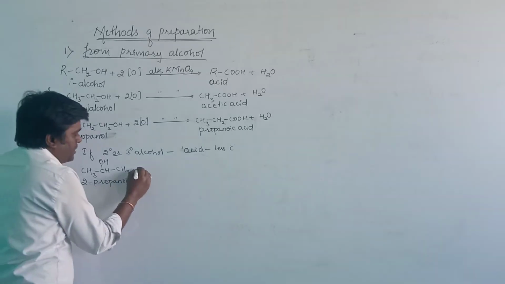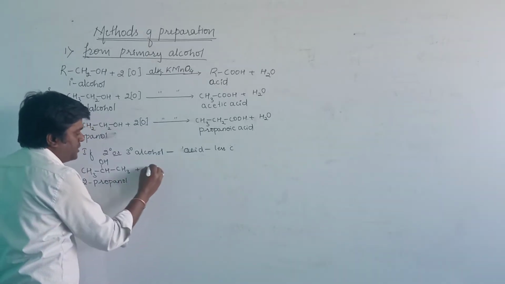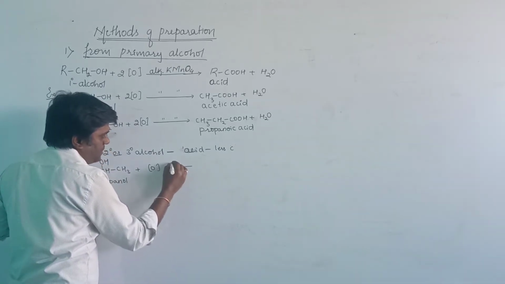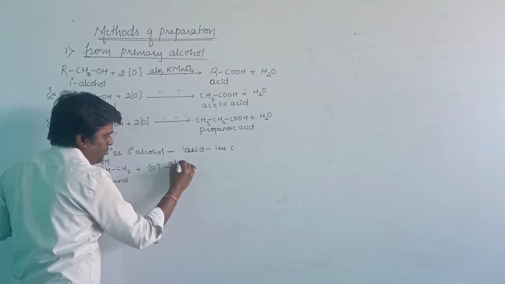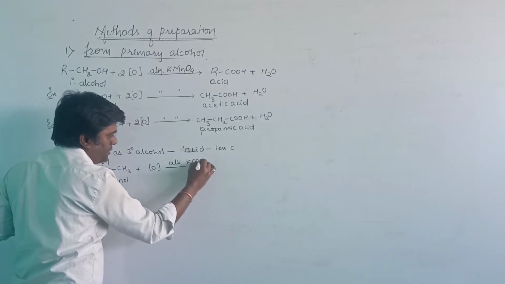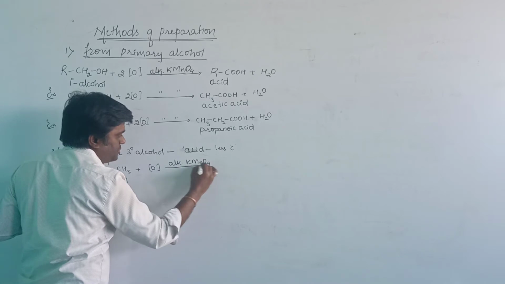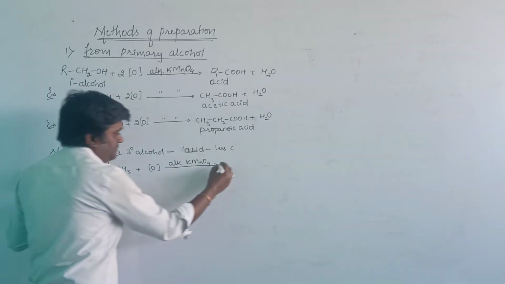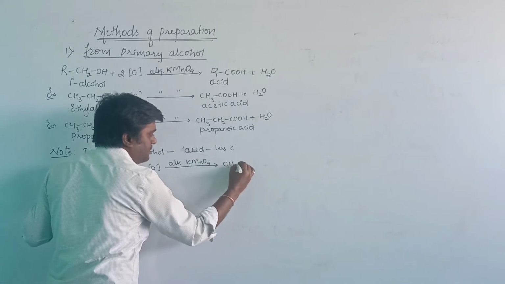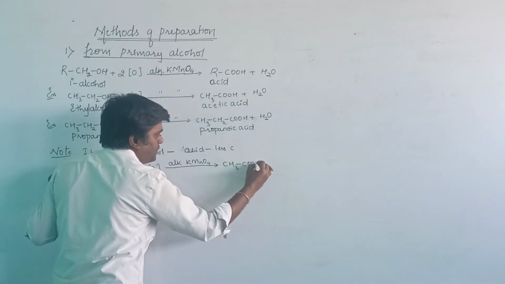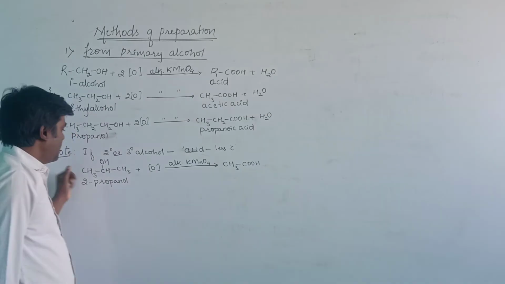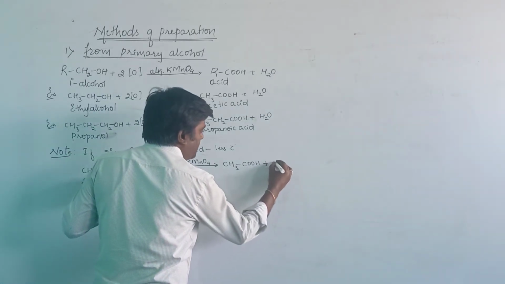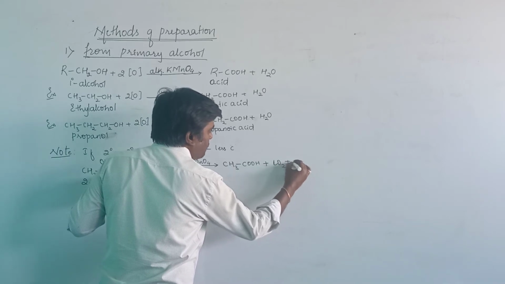When 2-propanol undergoes oxidation in the presence of alkaline potassium permanganate or acidified K2Cr2O7, it will give the carboxylic acid containing one less carbon atom compared to the initial alcohol. It will give CH3COOH plus carbon dioxide plus water molecules.